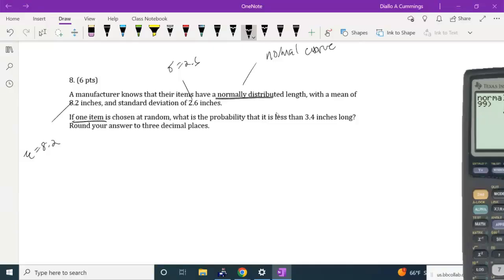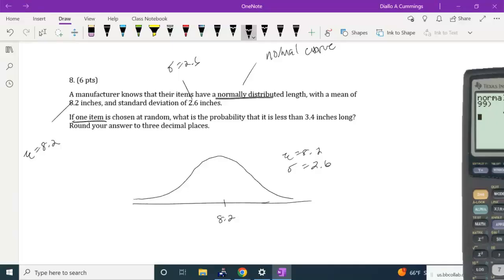This is not a sampling distribution because we are sampling how many items, or choosing how many items? One item. All right. So I'm going to sketch this out. So it's a normally distributed curve. The mean is 8.2. The standard deviation is 2.6.